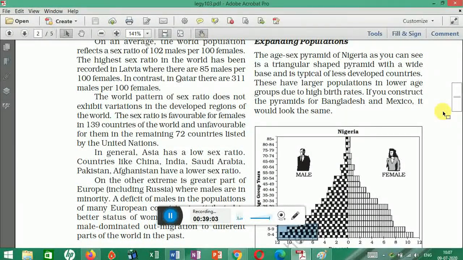If the number of children is very big, it means the birth rate is very high. Such a pyramid, where the base is very wide and takes the shape of a triangle, is called expanding population. You will find it in Bangladesh, Mexico, Nigeria, etc.